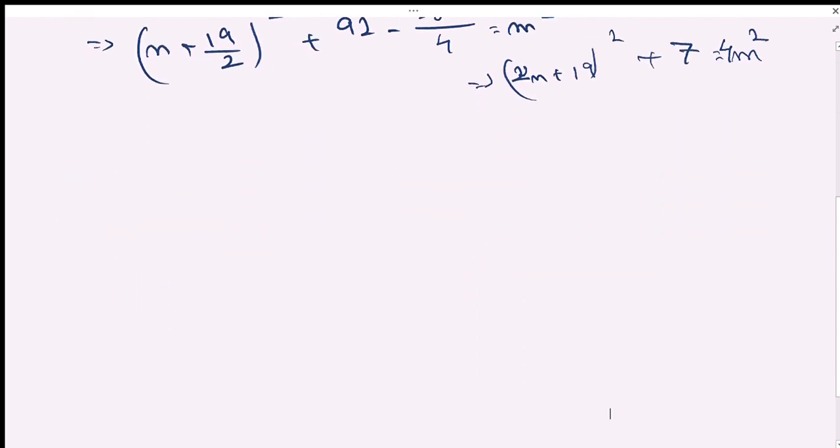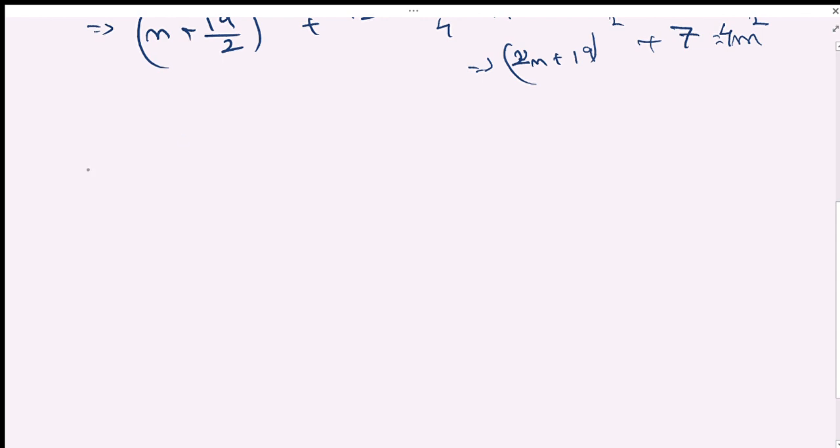Clear? So 7 is the only constant here right now, and we can write this equation as 4m square minus 2n plus 19 whole square equals 7.